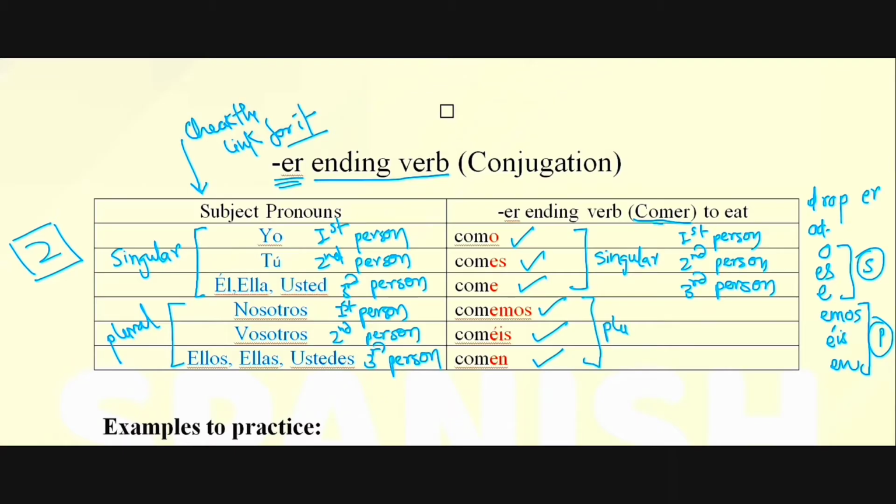The rest 3 are plural conjugations: first person plural, second person plural, third person plural. So we have 6 conjugations: como, comes, come, comemos, coméis, comen.